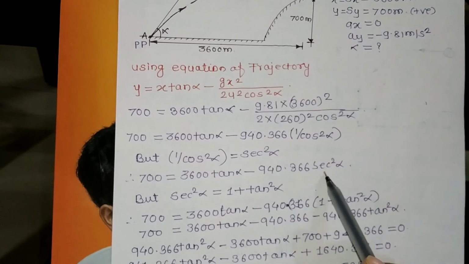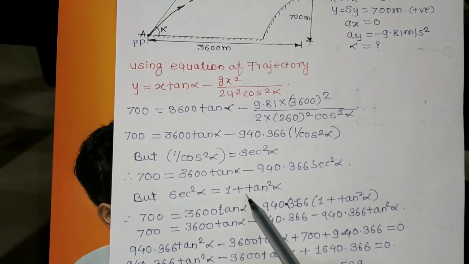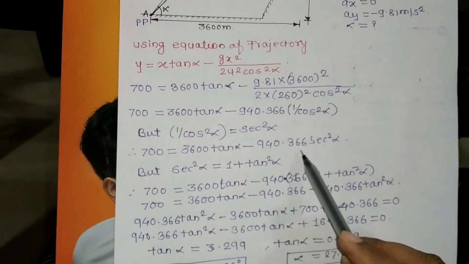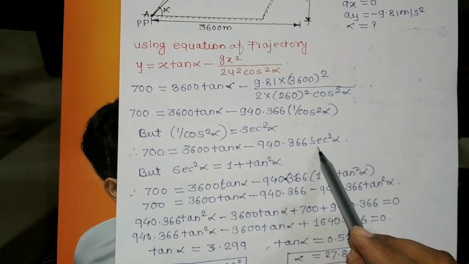Again, sec square alpha is nothing but 1 plus tan square alpha. So we convert this sec square alpha as 1 plus tan square alpha. Now 700 equals 3600 tan alpha minus 940.366 into 1 plus tan square alpha.